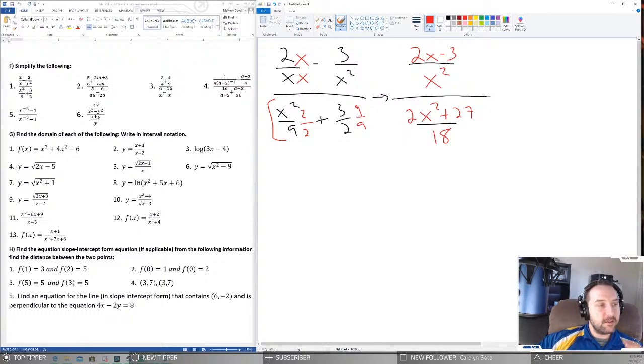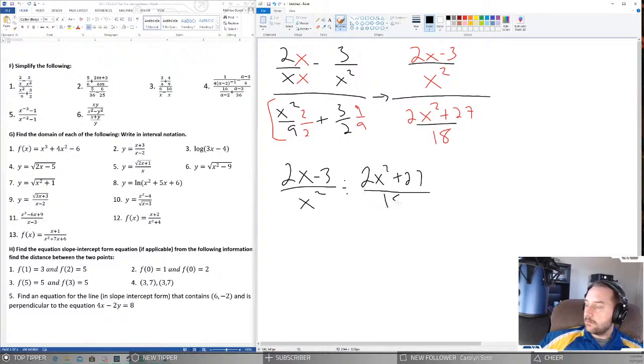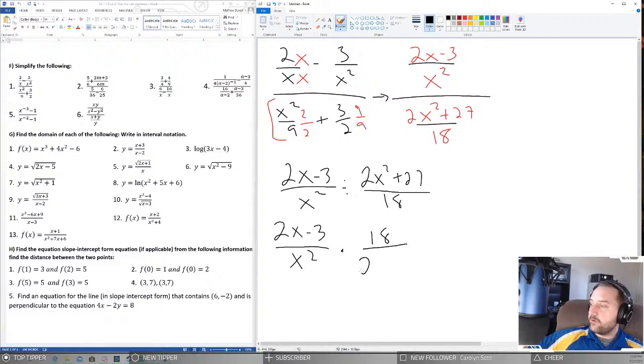So now that I combined it into one fraction, I can rewrite it like this. Change it to multiplication so I can flip it: times 18 over 2x squared plus 27.